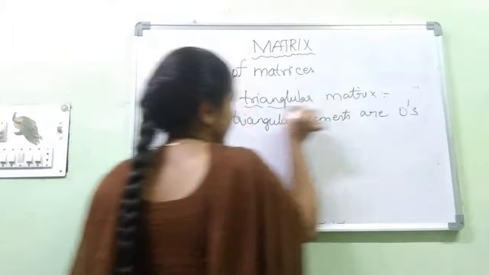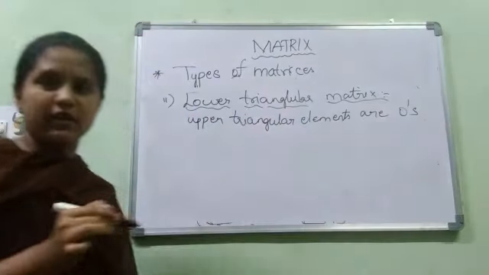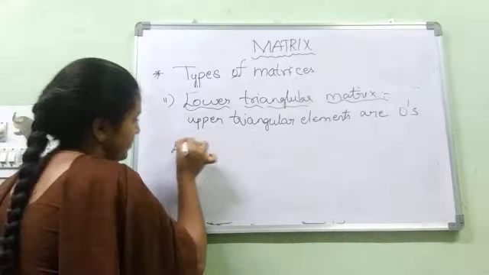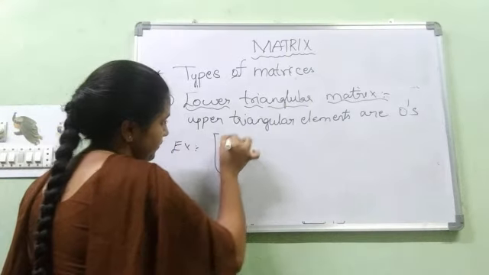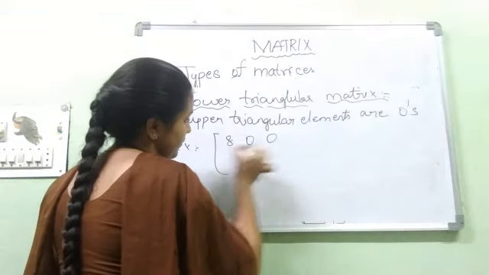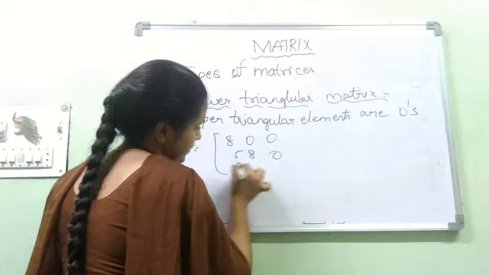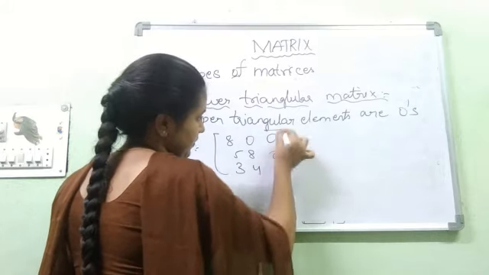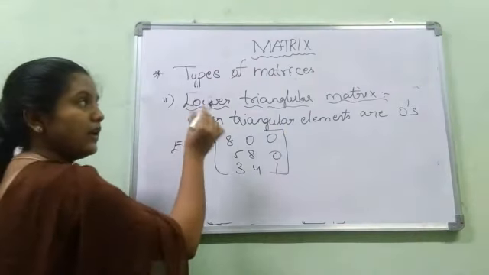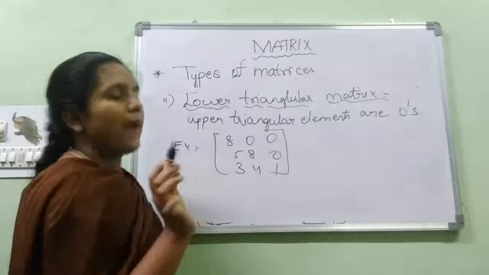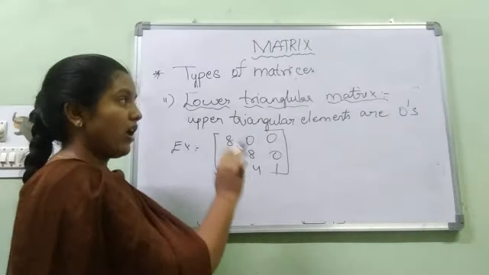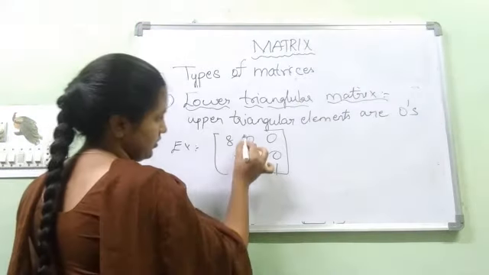Okay. You know what is upper triangle. For example, here, lower triangular matrix is nothing but a matrix where the upper triangular elements are zeros.